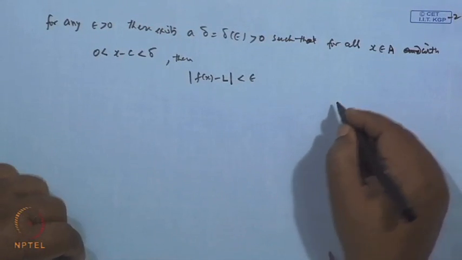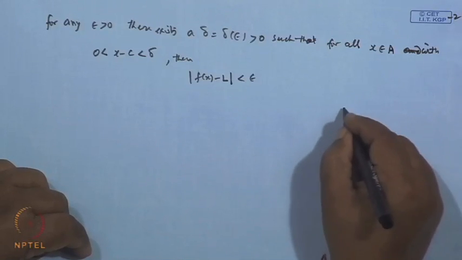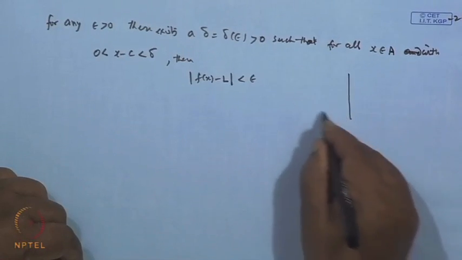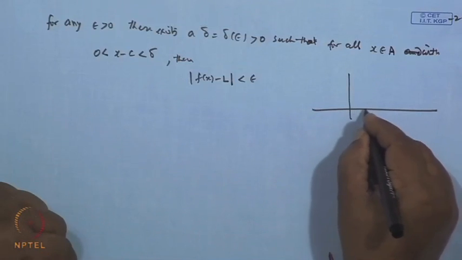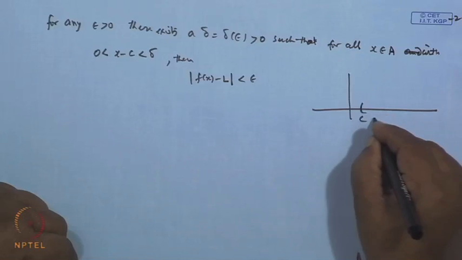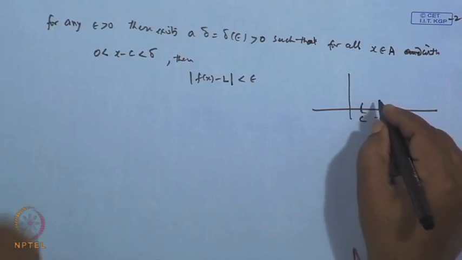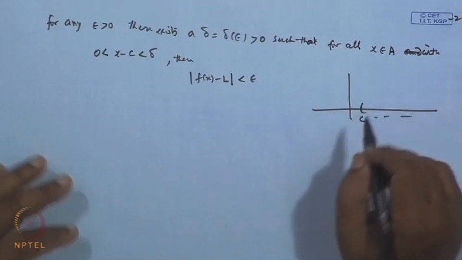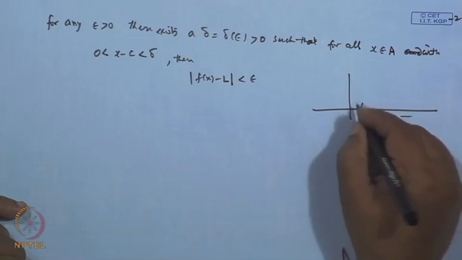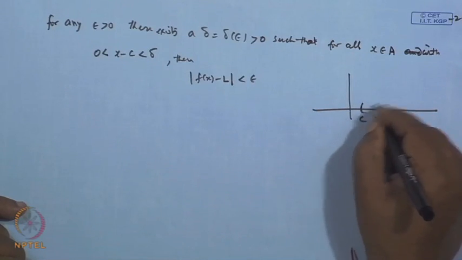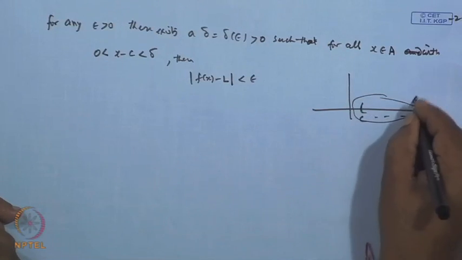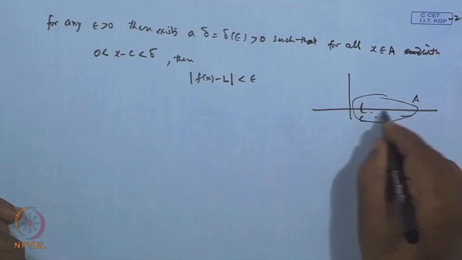So, here this function is there, this is our interval (c, infinity), c is this point and then infinity here. So, we can choose here, and then A intersection (c, infinity) is some segment. Suppose A is somewhere here, this is our A, then A intersection (c, infinity) will be this set.